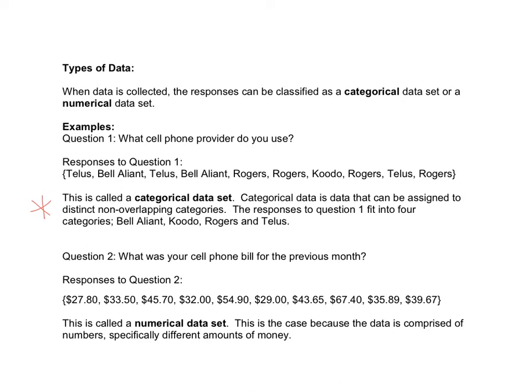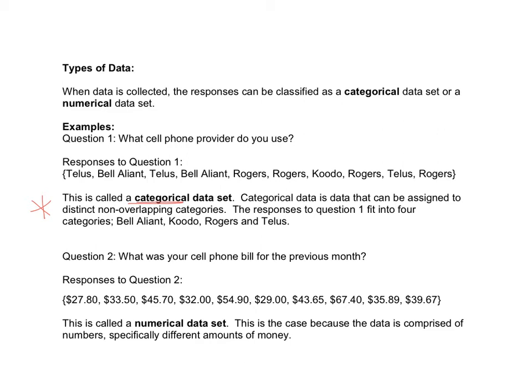So another example might be what type of car do you drive? And you're going to get responses like a Corolla or a Volvo or a Lexus, and those are categories. So the responses then are categorical, okay? Question 2 here, what was your cell phone bill for the previous month?